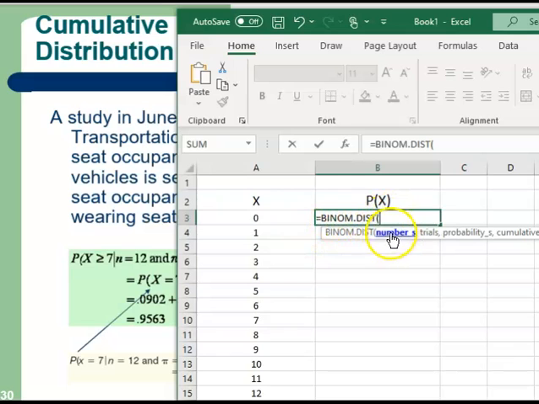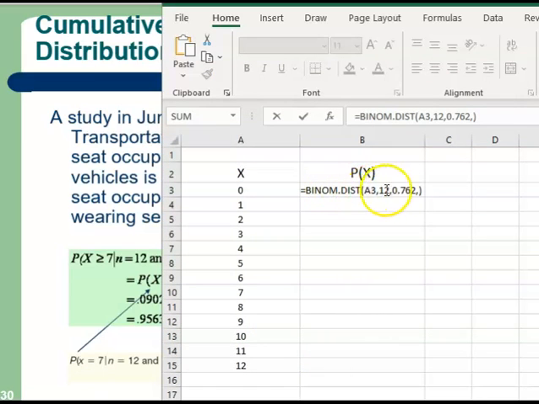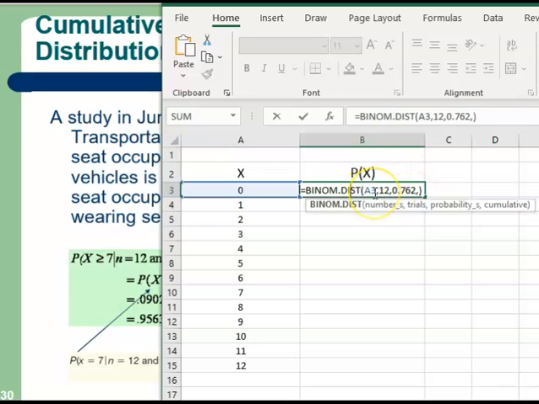BINOM.DIST, and it's saying number. What number? 0. Of course we want 7 and above, but we can calculate even from 0. So the first value is x, and later when you copy, x is going to change to 1, 2, 3, 4, and we can calculate it down to 12.